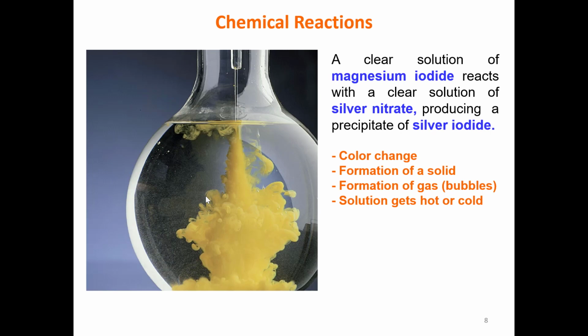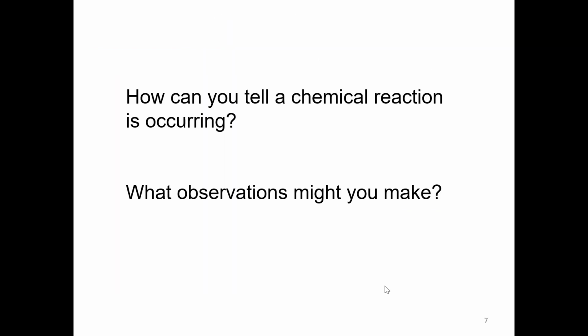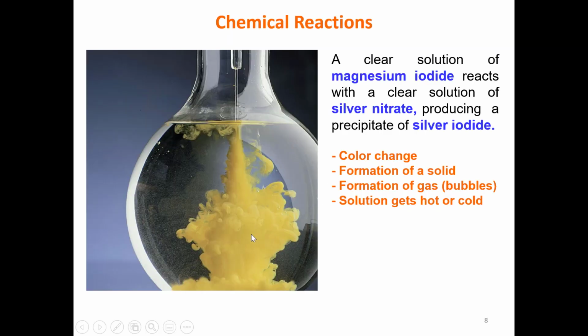In this picture, we can see a clear solution of magnesium iodide reacts with a clear solution of silver nitrate, producing a precipitate of silver iodide. We can see during the chemical reaction there is a change in color, and also there is formation of a precipitate.